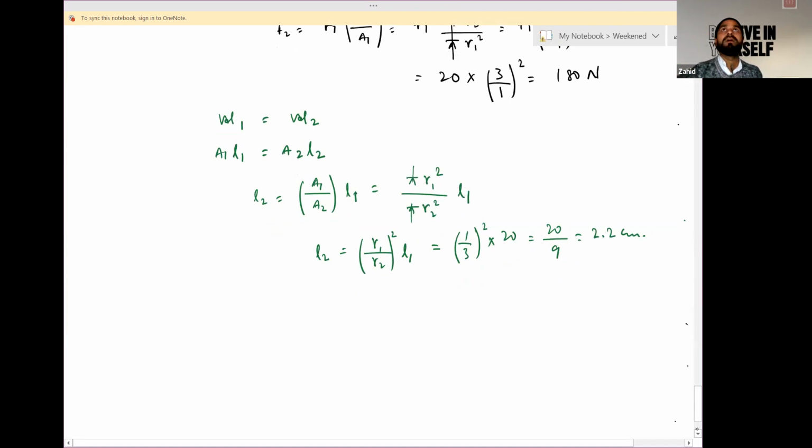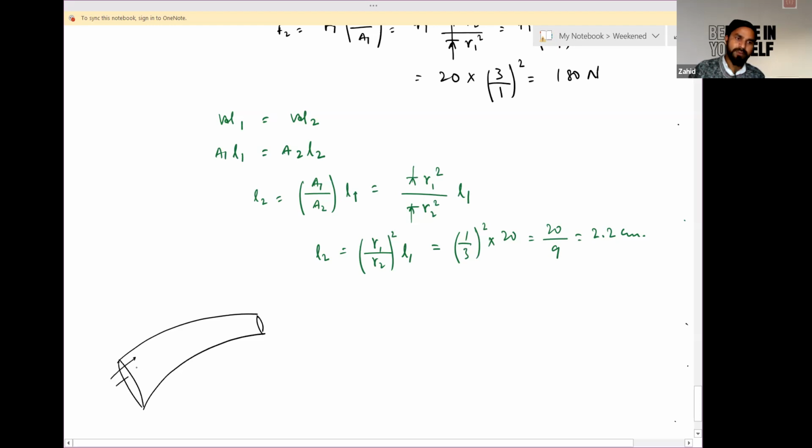For the flow of liquid, just for the streamline, you will say ideal flow of liquid, for which there will be no viscosity. Suppose you have a tube like this.